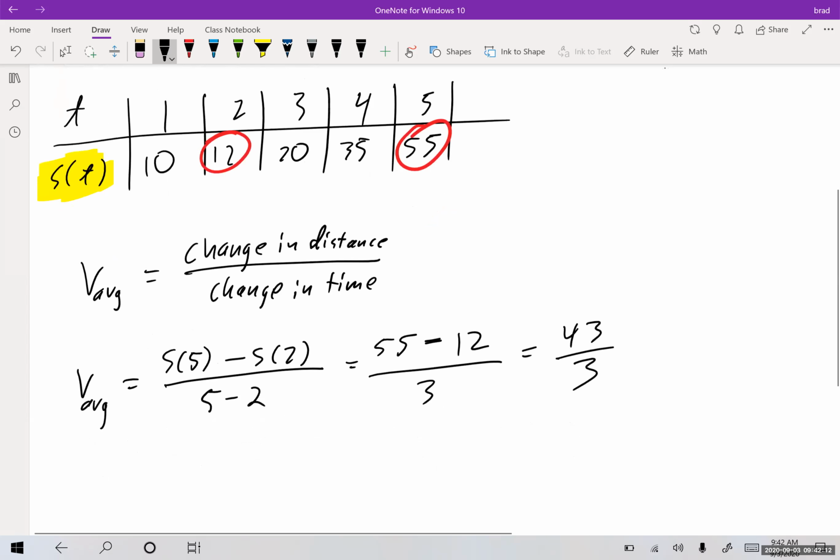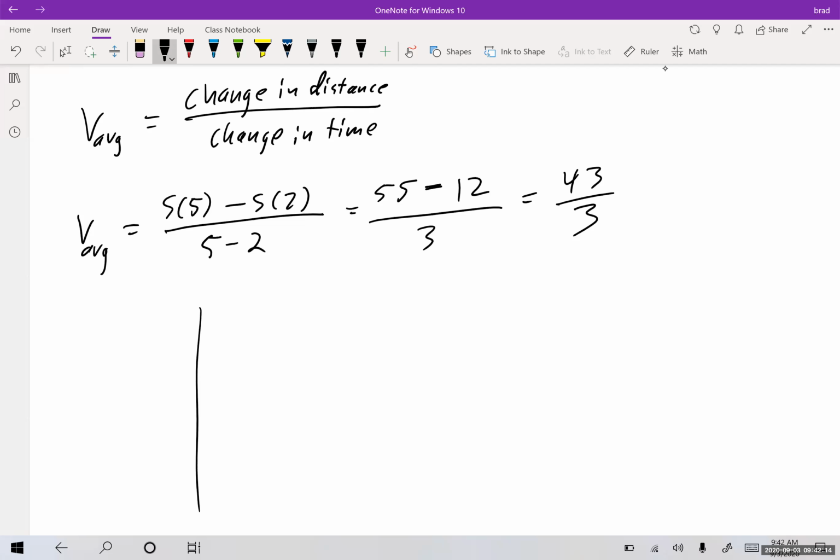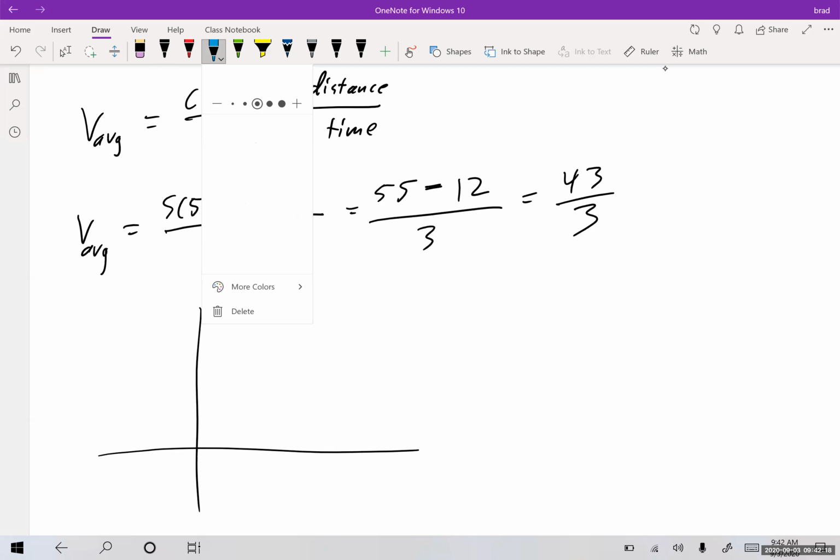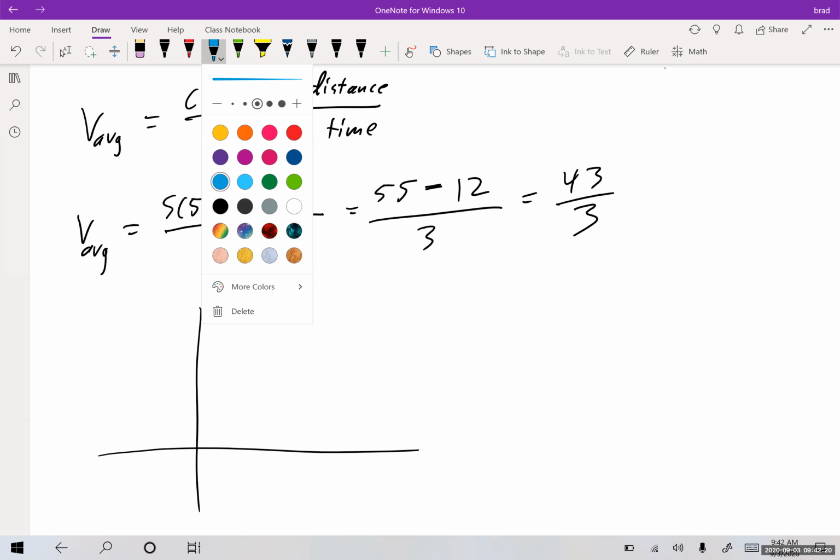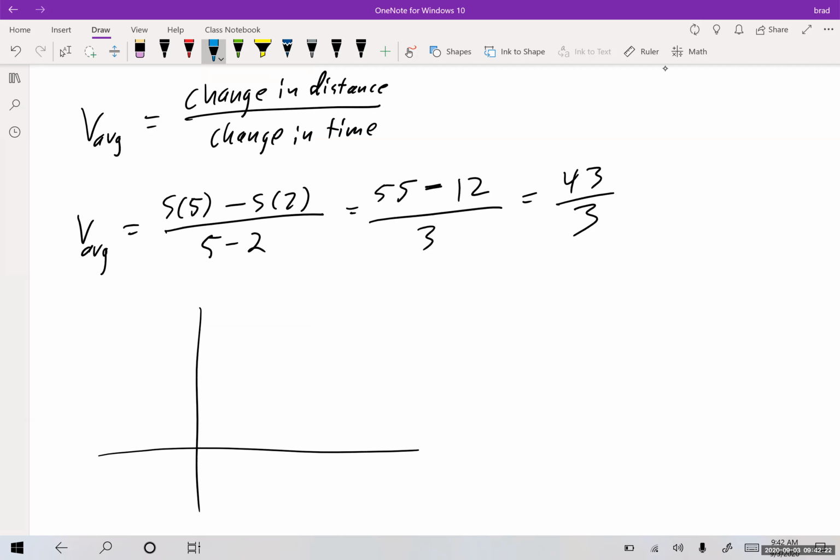So we can then take a look and see what we just did, okay? Let me give you a rough sketch of what we're getting ourselves into here with this graph, and again, this is just a rough sketch. Let's say that the graph looks something like that. Let's say this is at 1, 2, 3, 4, 5. So here's 2 and here's 5.